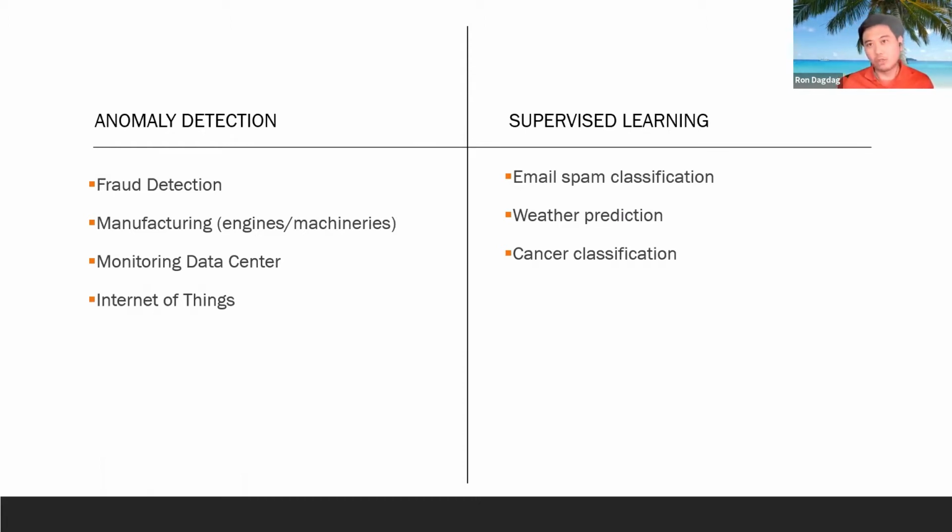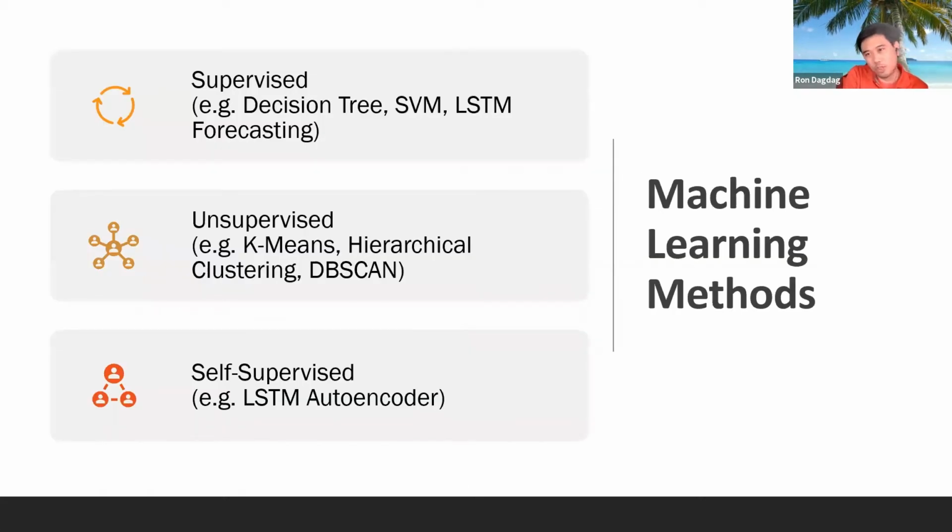Cancer classification is not considered an anomaly because you have experts that have already researched different types of cancer. And if you're doing this for a medical situation, it makes sense to use supervised learning rather than anomaly detection. So for the machine learning methods, there are three.